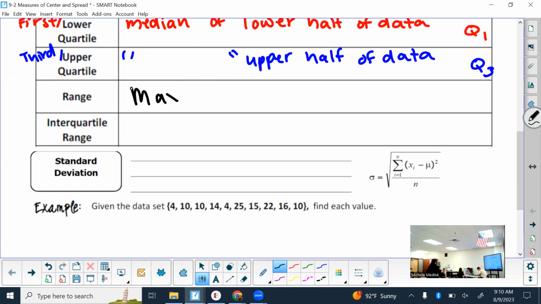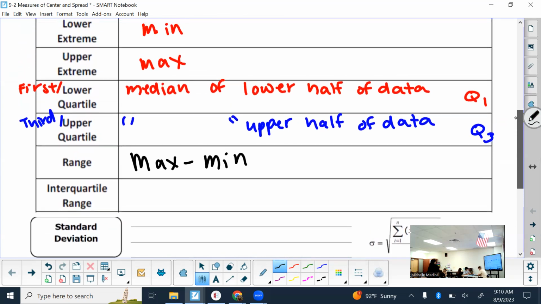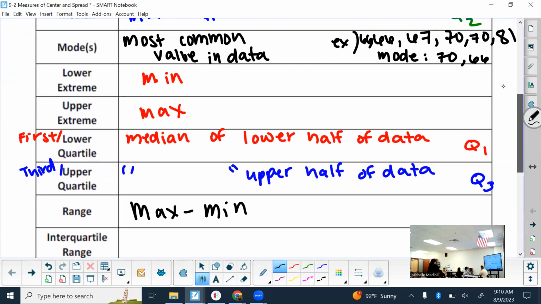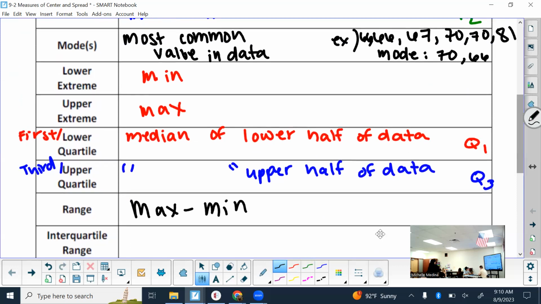So maximum minus your minimum. That's how spread out your data is. So with that random example I gave you earlier, when I was talking about grades, I would say 81, my maximum, minus my minimum, which is 66. Calculator, although I think it's 15, but let me just make sure.